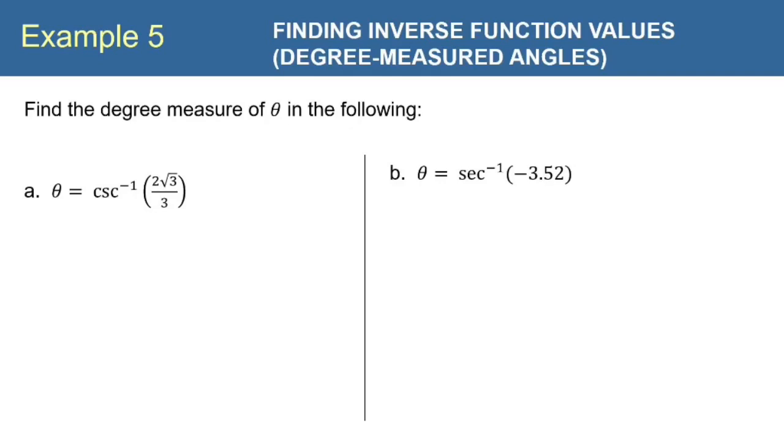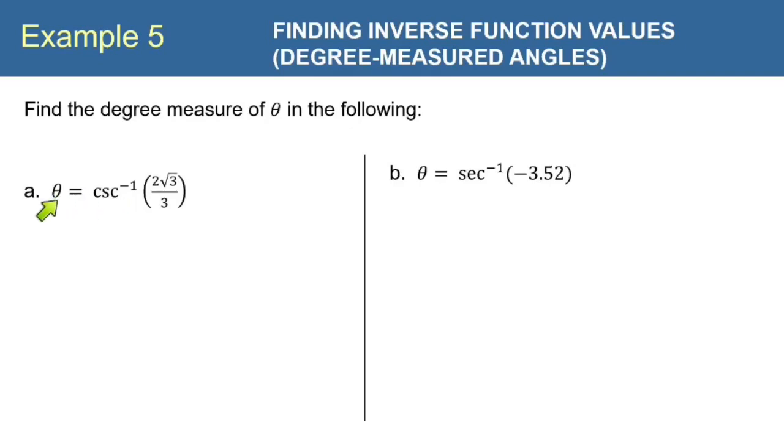Here's example 5, and it says find the degree measure of theta in the following. In part A, it says theta equals the cosecant inverse of 2 square root of 3 over 3. Okay, well, we can't put this in our calculator because we don't have an inverse cosecant button on our calculator. So let's translate out of inverse form.